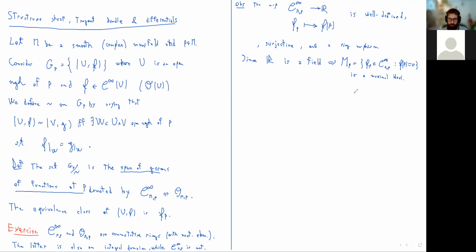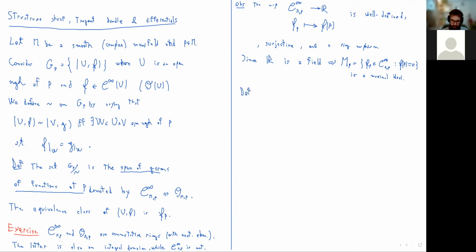Because maybe you remember from algebra that if you take a ring and a quotient of this ring, in this case the ring modulo the kernel equals the image, and if this image is a field, then the kernel that you've been dividing by is actually a maximal ideal. It's an if and only if. Okay.